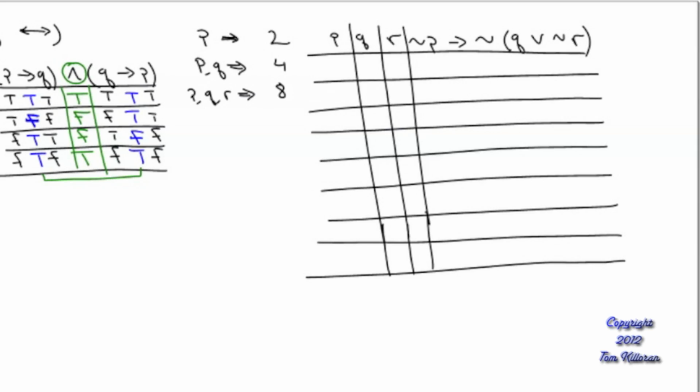For instance, the way I want to think about it is this. If you just had P, you split it in half and one of them is true and the other one is false. If you had a P and a Q, you split it in half and you get 2 trues and 2 falses. Now that I have 8, it must be 4 trues and 4 falses. That's the P. So P is going to be true, true, true, true, false, false, false, false.